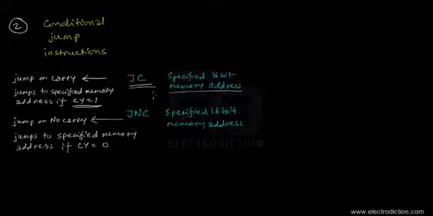On the contrary, the JNC instruction stands for jump on no carry, which means that the jump would get executed only if the carry flag bit is reset, that is, set to logic level 0.